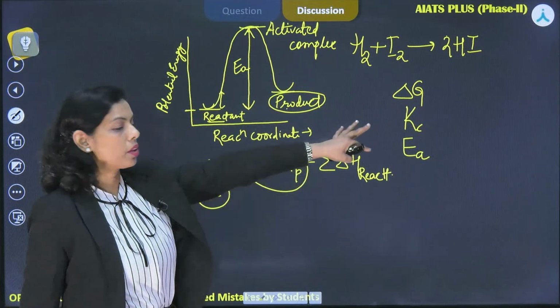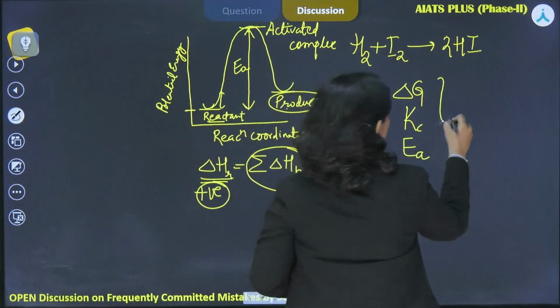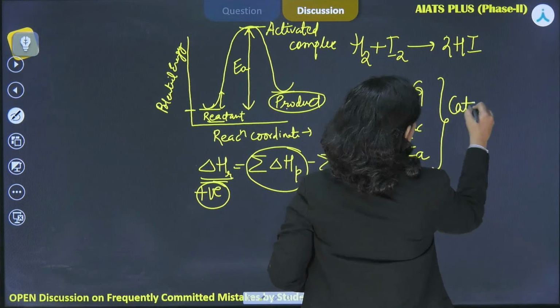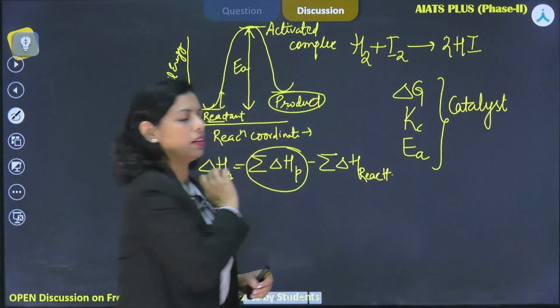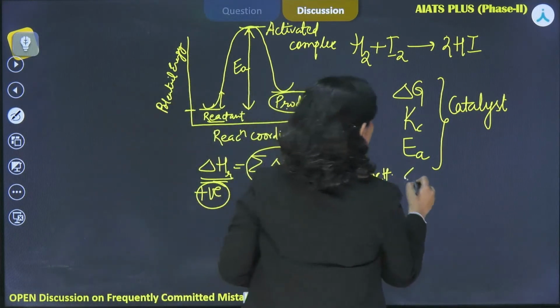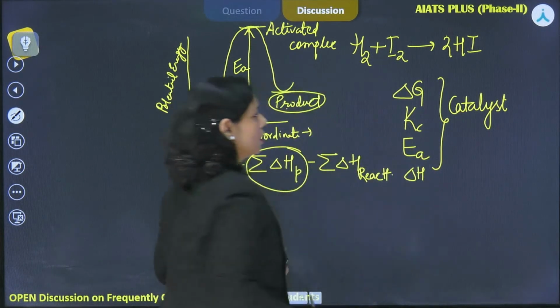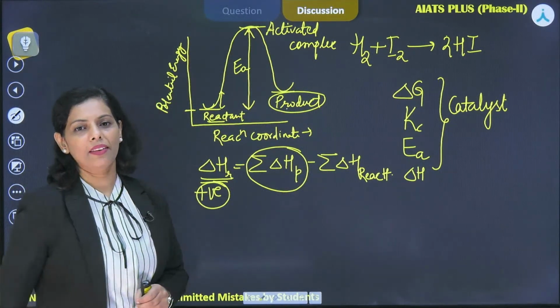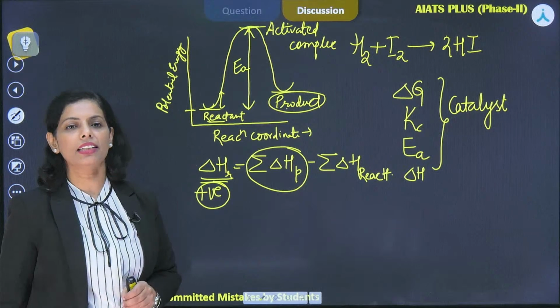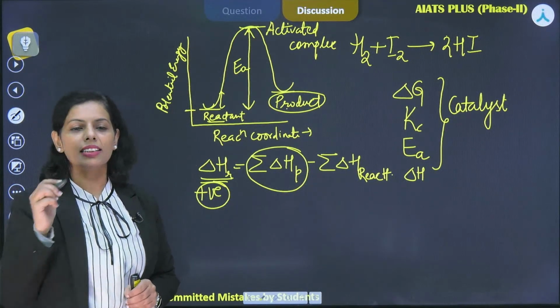What will it do? If I am using a catalyst, then which of these terms will be affected? Even the delta H. What would be affected? Reduces EA, right? Activation energy decreases, right? Mohit, Lakshmi, electricity.